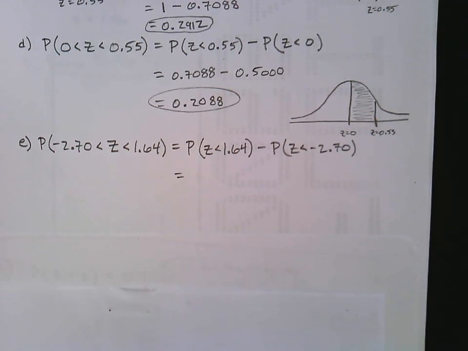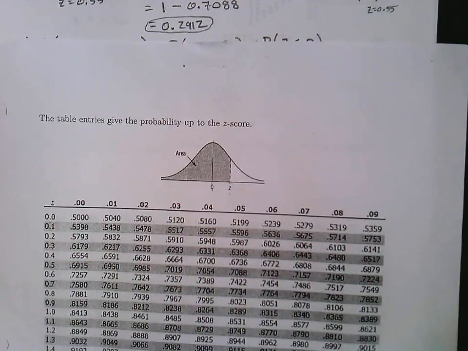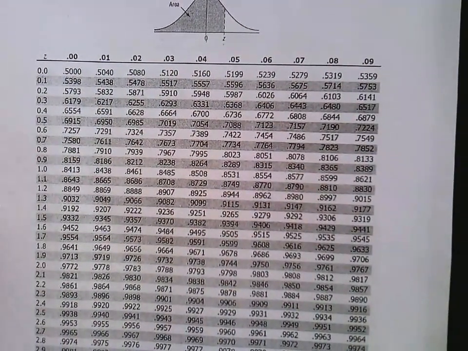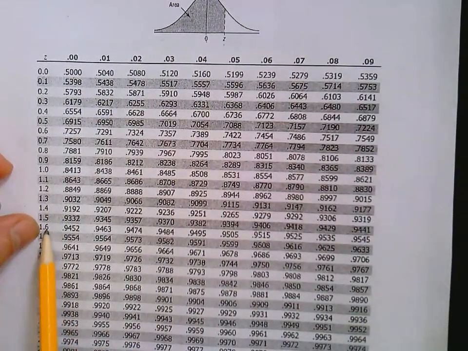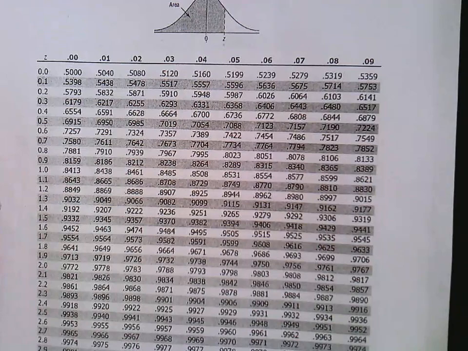Then we're going to have to look up both of these and subtract them. So the 1.64, if you've got your table, that's on our positive side. 1.64 is right there: 0.9495.